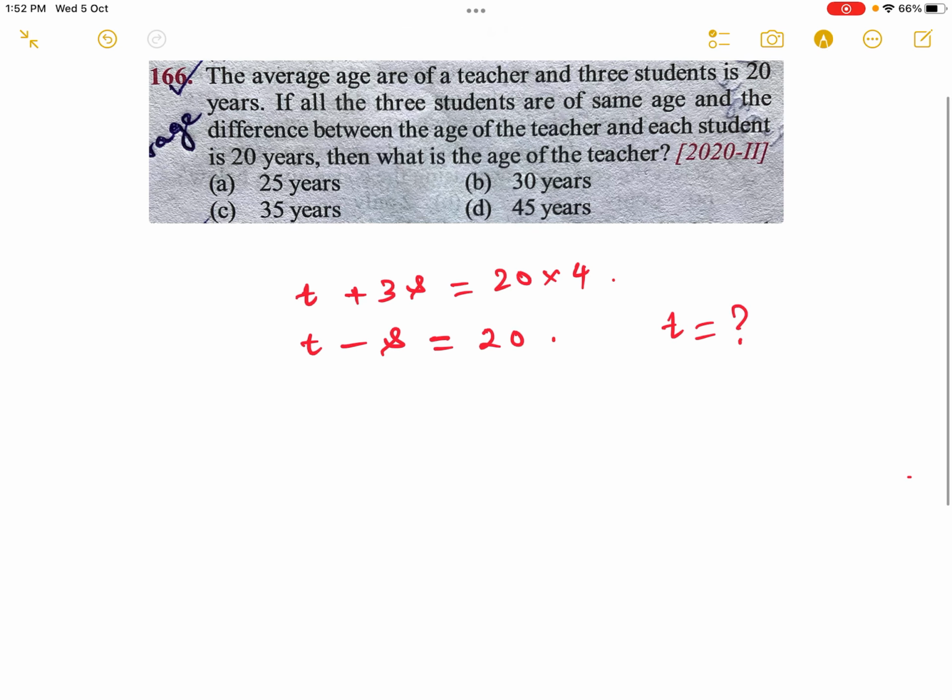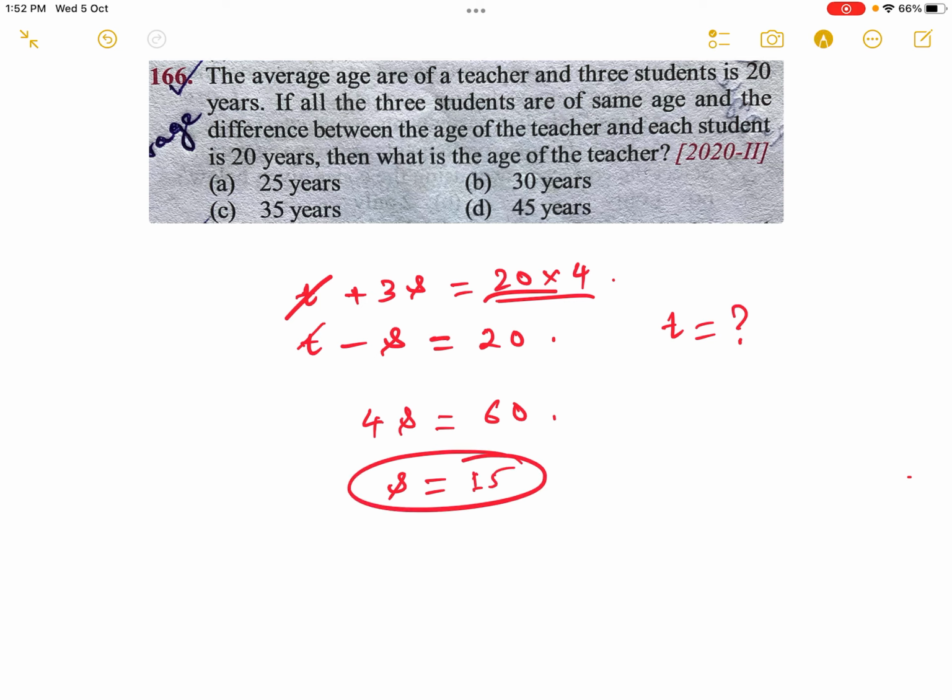This is a simple equation. You subtract these two equations, this will be gone, and this will become 4s equal to 80 minus 20, which is 60, so s equal to 15. Now we substitute this here, t equal to 20 plus s, and as we know s is 15, so 35.